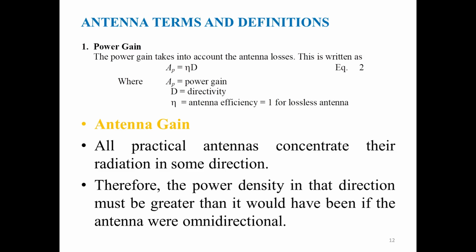Antenna gain. All practical antennas concentrate their radiation in some direction. Therefore, the power density in that direction must be greater than it would have been if the antenna were omnidirectional.